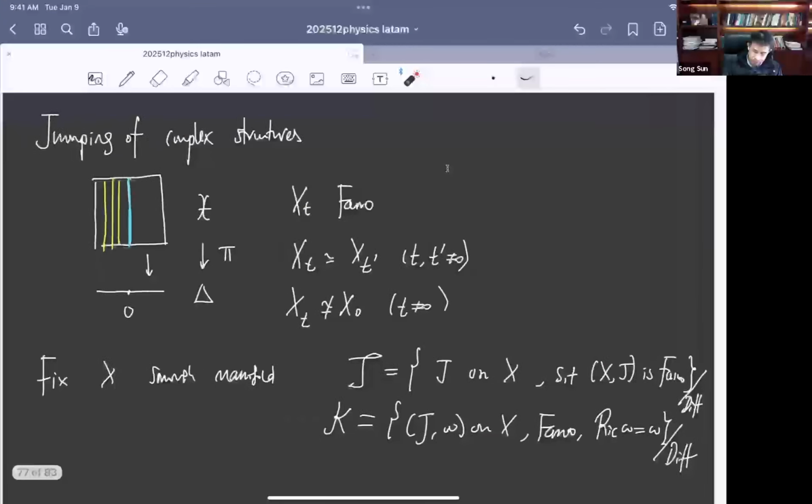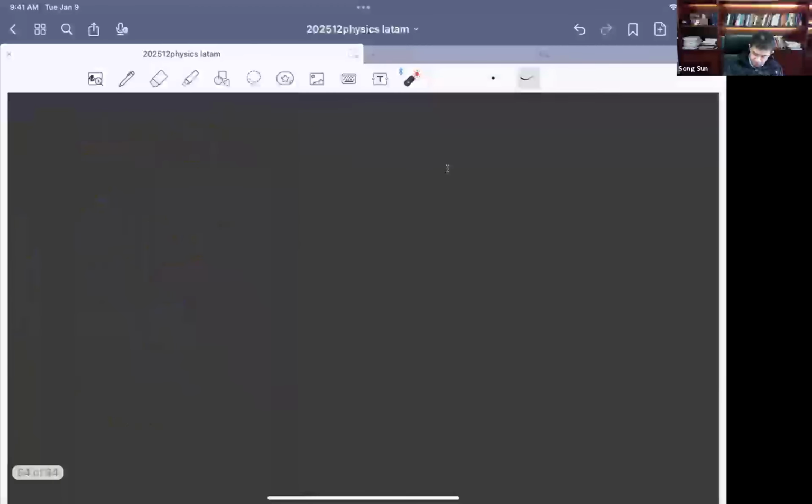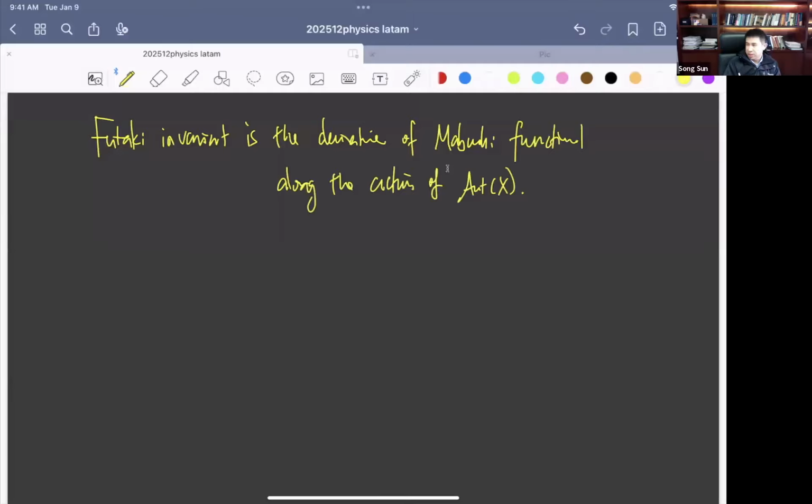So the Futaki invariant is the derivative of the Mabuchi functional along the direction of the action of the holomorphic vector field, the automorphism X. Okay, so that explains that this Futaki invariant can be viewed as a slope at infinity of this function.